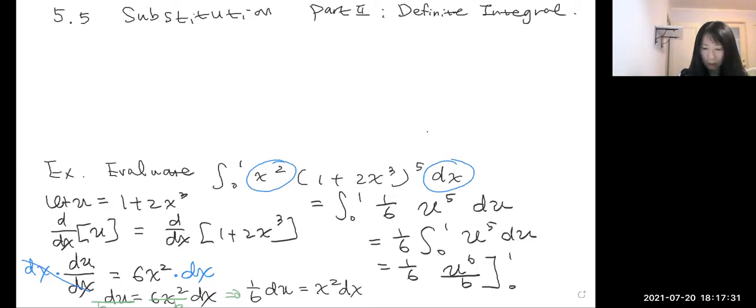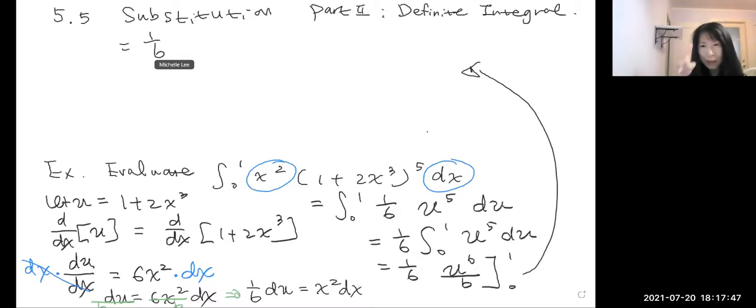All right, so we do here. 1/6 times 1/6 is 1/36, right?